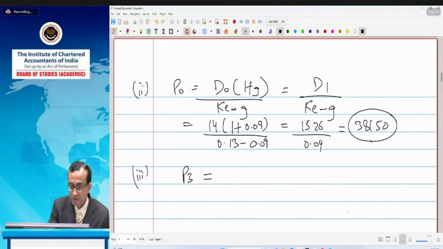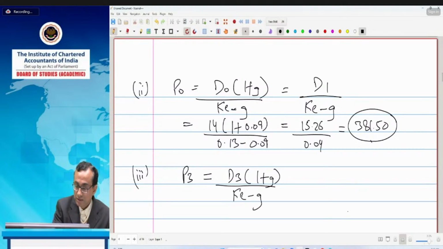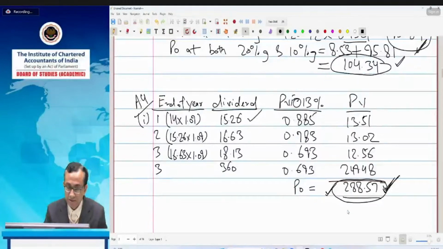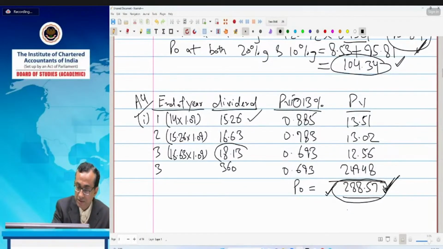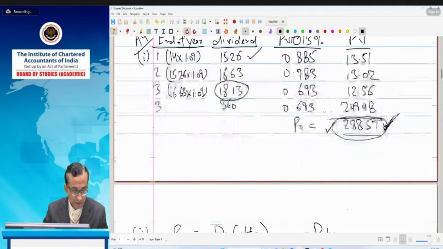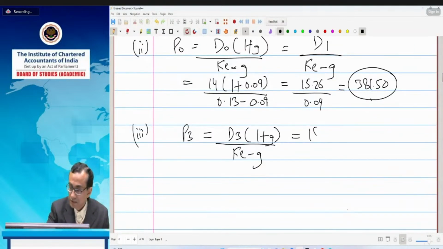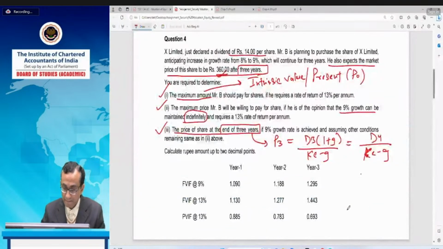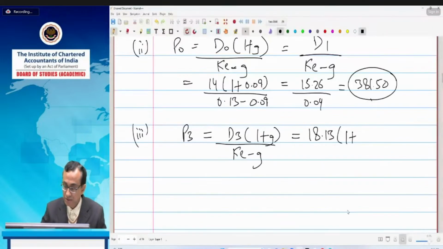P3 is equal to D3 into 1 plus G upon K minus G. I think we have already calculated D3, the dividend at the end of the 3rd year, 18.13. 18.13 multiplied by 1 plus the growth rate, which will be the same, 9%, so 0.09, divided by KE.